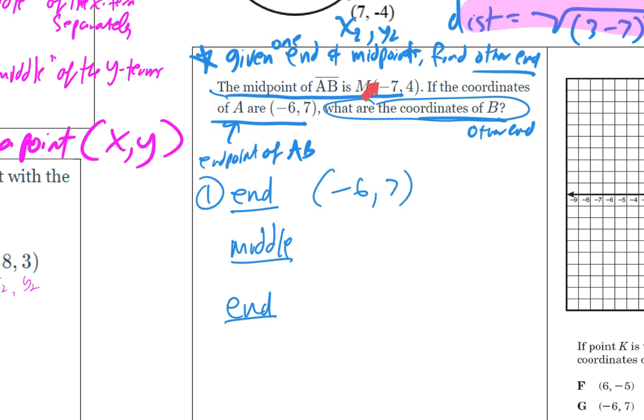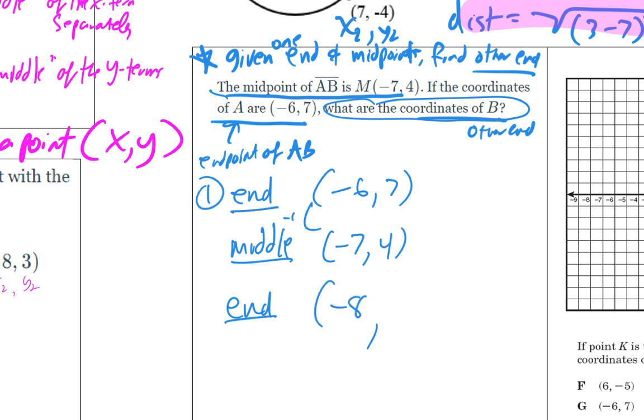The middle is negative 7 comma 4. The other end is right over here. So if that's the end and that's the middle, then we just need to go that same direction. On this one, we are subtracting 1, so we go to the next in the pattern, which is negative 8.